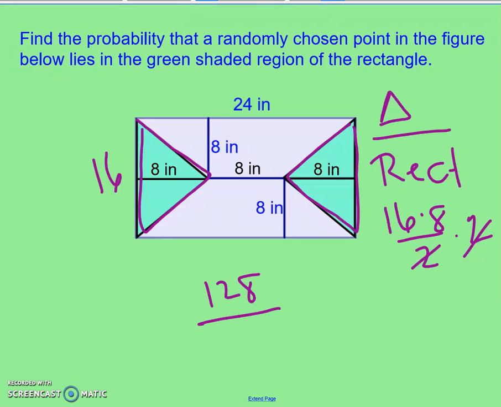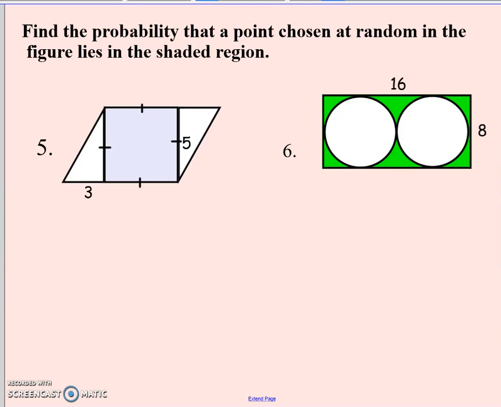And then the rectangle is whatever 24 times 16 is. Let me find a calculator real quick here. 24 times 16. You guys should have this by now. 24 times 16 is 384. And we could reduce that if you want to. You can turn it into a decimal if you want to, or you can turn it into a percentage if you want to. But 128 to 384.